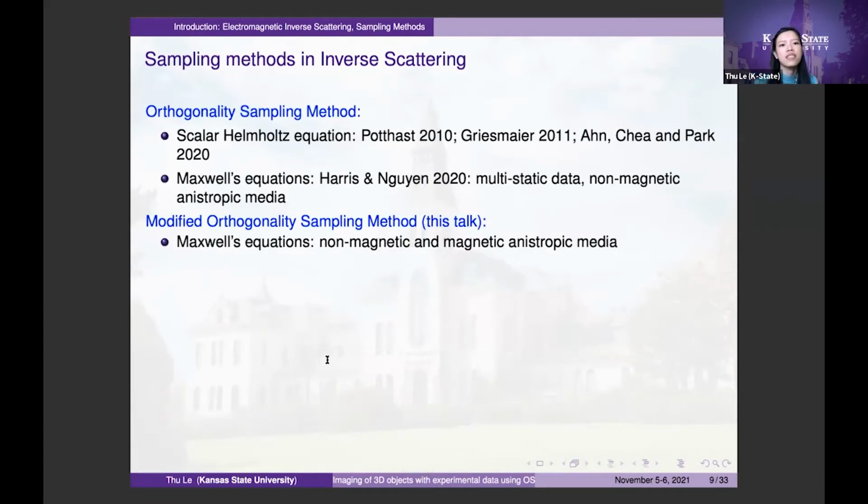And for recent studies of sampling methods, we have the orthogonality sampling method, which people study for the scalar Helmholtz equation and Maxwell equations. The scalar Helmholtz equation is associated with acoustic waves, and the Maxwell equations, we know, are for electromagnetic waves. And here I list a non-complete list.